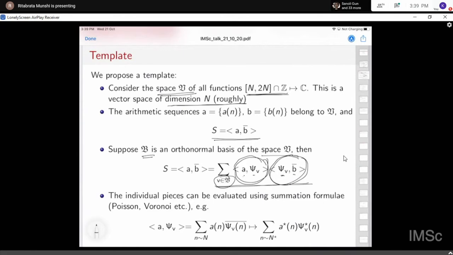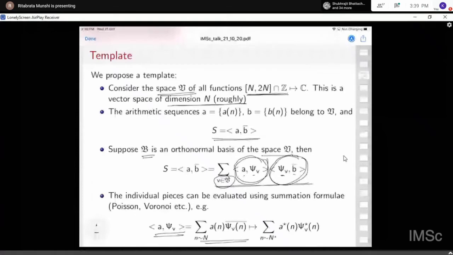For example, if you look at this particular inner product sum, it is basically given by this sum. Then there will be some sort of summation formula, which will depend upon what type of basis vectors you have picked, and I'll tell you about some standard basis vectors.